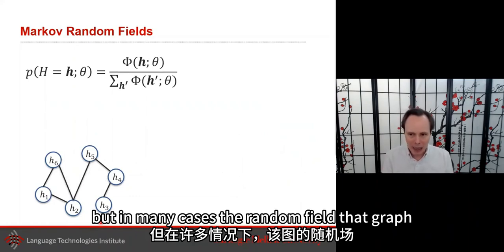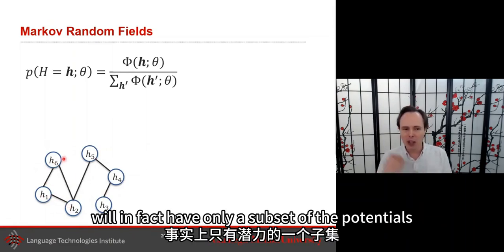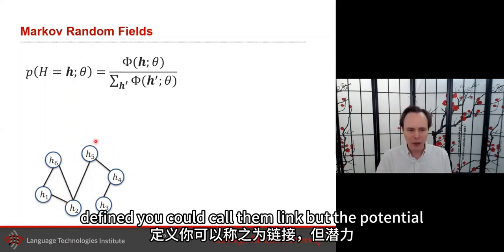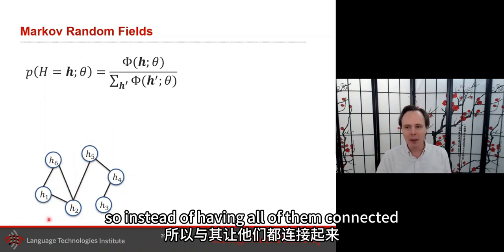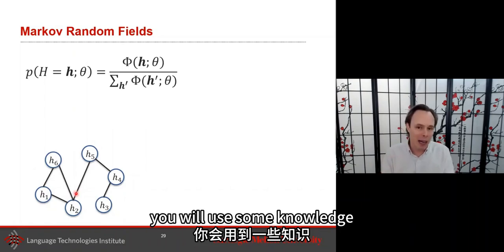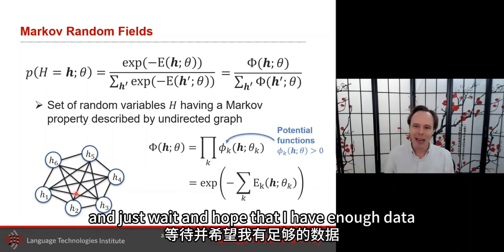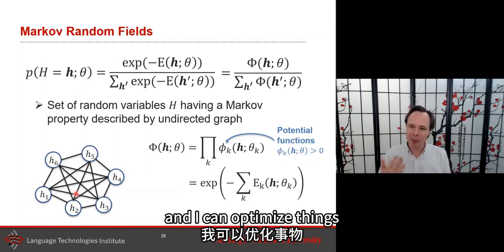But in many cases, the graphical model will in fact have only a subset of the potentials defined. You could call them links, but the potentials. So instead of having all of them connected with each other, you will use some knowledge. If you have no knowledge, let's connect everything and just hope that I have enough data and can optimize things.